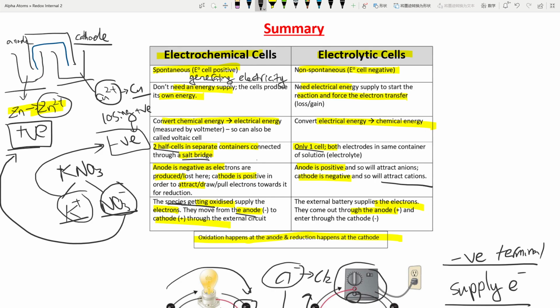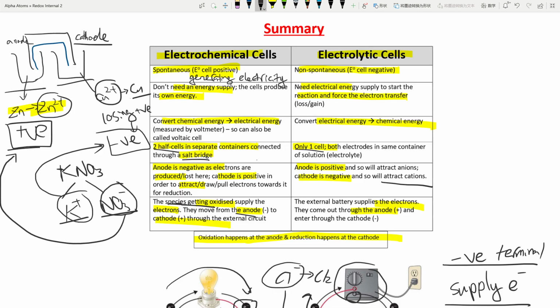So you are just looking at what we call a discharge and recharge. If you have any rechargeable batteries at home, think about it: if I plug that into my TV remote and the remote works, that's because the battery inside is doing a spontaneous reaction. It is generating electricity, and that is allowing your TV remote to work.